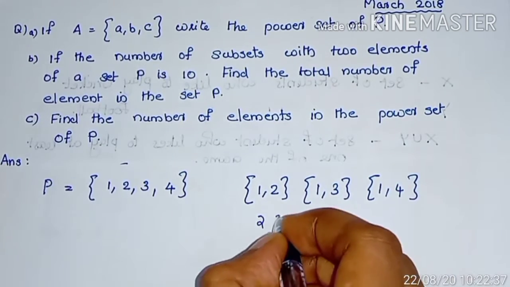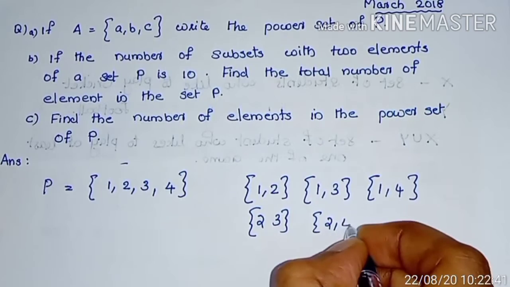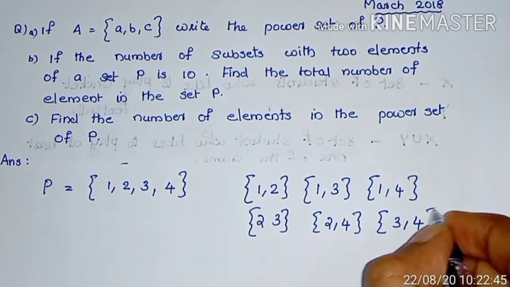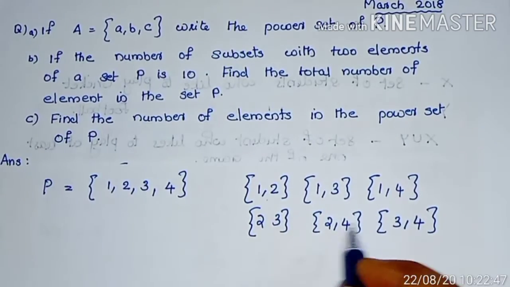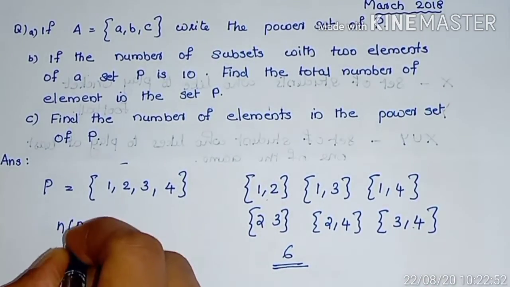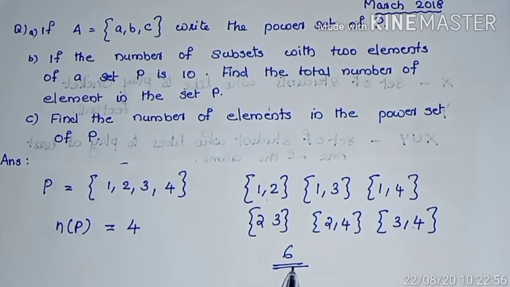Then {2, 3}, {2, 4}, {3, 4}. How many subsets? 1, 2, 3, 4, 5, 6. Only 6 subsets. When N of P equals 4, it has only 6 subsets with 2 elements. So 4 is not our answer.